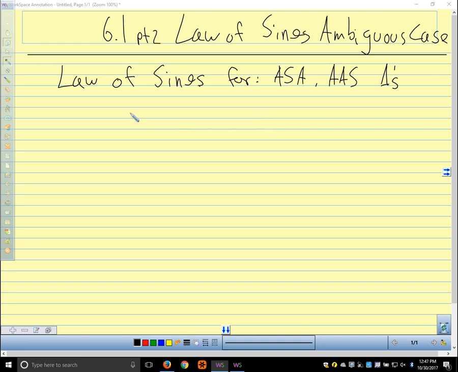We said that with side-side-angle triangles, we have a possible ambiguous case. What does ambiguous case mean? That's what we're going to talk about today. Ambiguous means it's possible that we have more than one triangle that we can find.